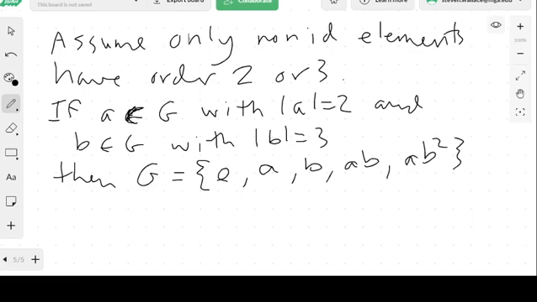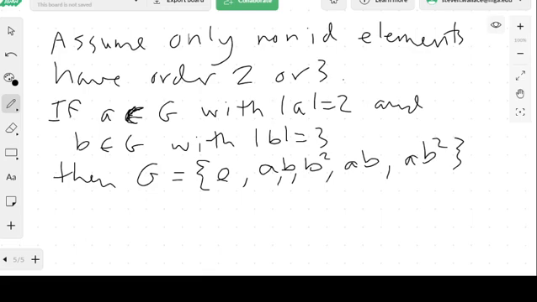Oh, I forgot B squared. This is the only way we can have A and B in a group with only 6 elements and still be closed.